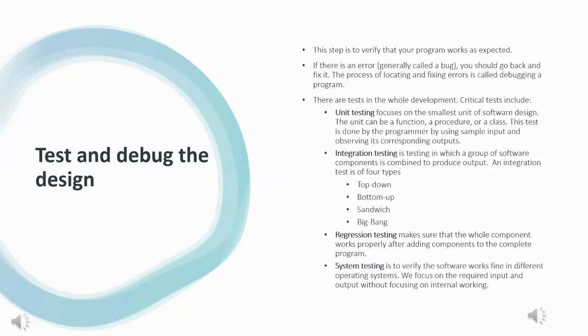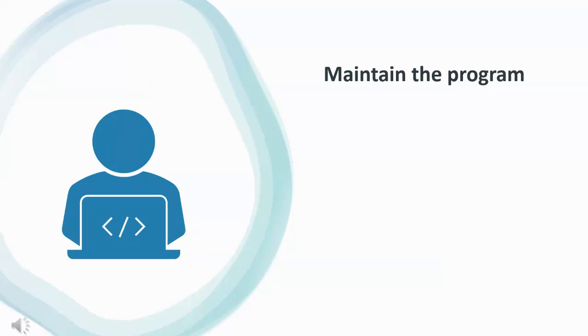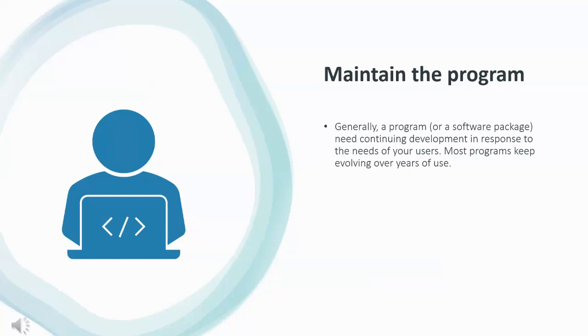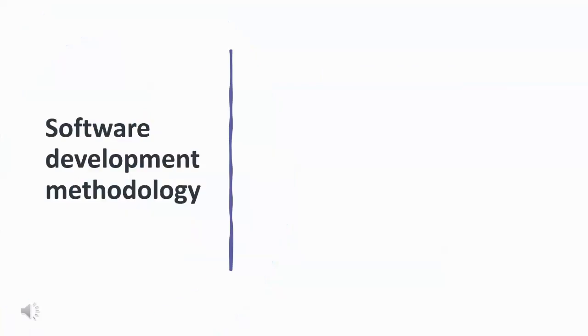We focus on the required input and output without focusing on internal working. Generally, a program or software package needs continuing development in response to the needs of your users. Most programs keep evolving over years of use.